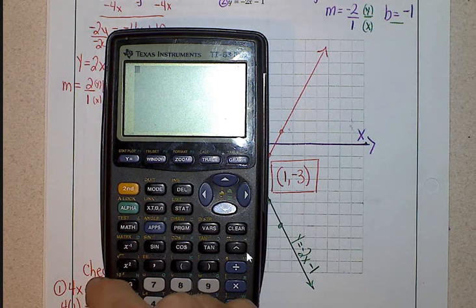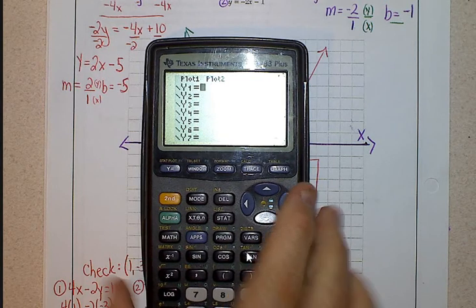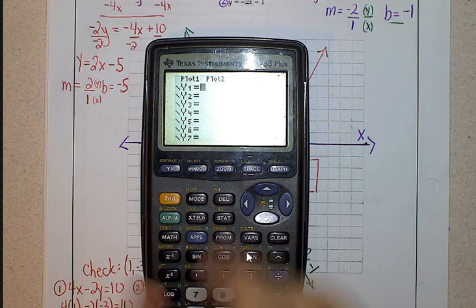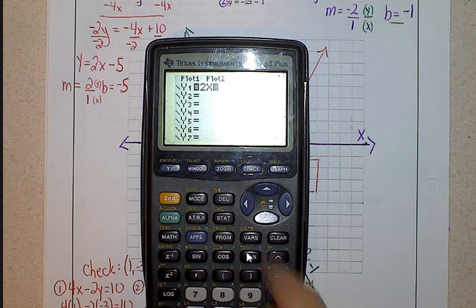So we hit y equals, which gets us to this, and we're going to plug in the two equations we got once we had y solved for. The first one turned into 2x minus 5, and the second equation turned into negative 2x. It was the same equation. We didn't have to change it at all.